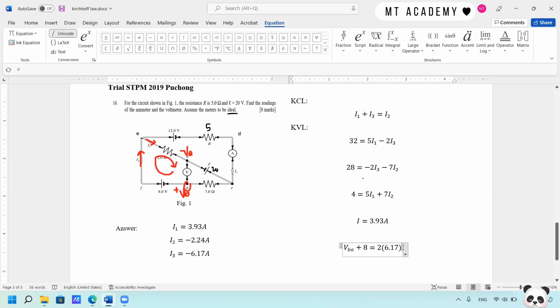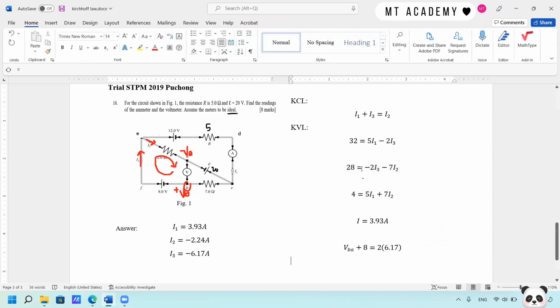We can also use another loop to get the value of VBA. We can apply the anti-clockwise direction because we want to follow the same assumption here.